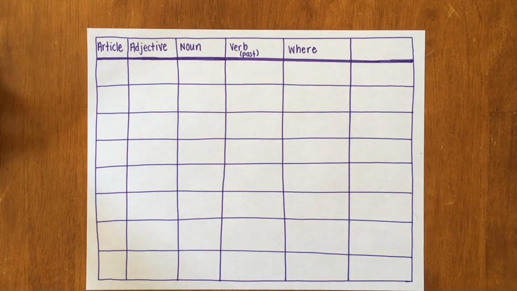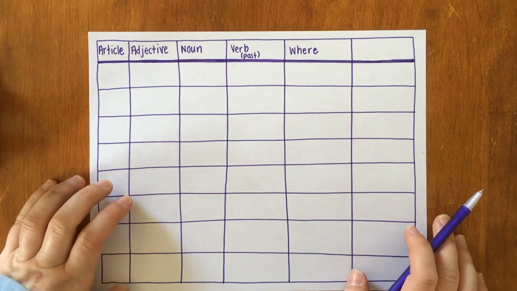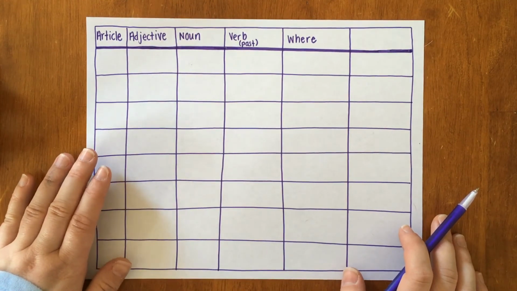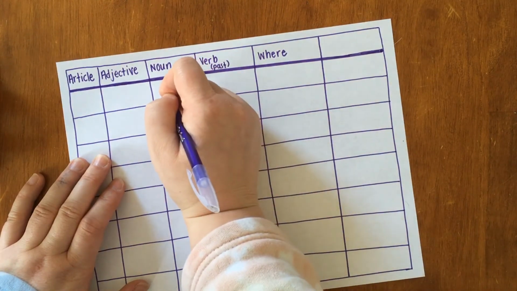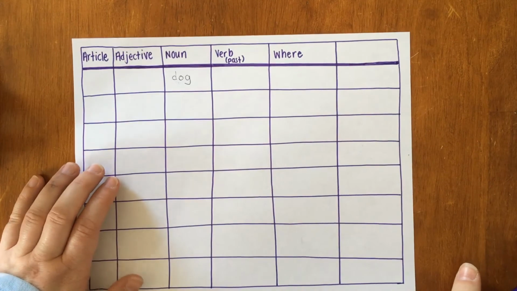So when I start, I always try to think of a noun. I try to think of the noun that I want to focus on. So the noun I'm going to pick right now is, I think I'm going to use my dog again. So my noun is dog.